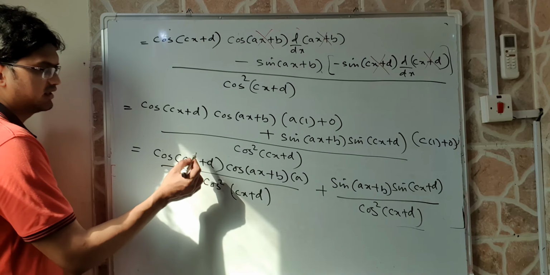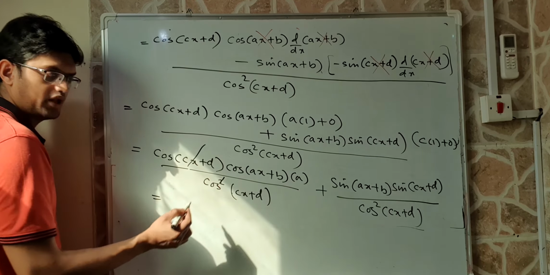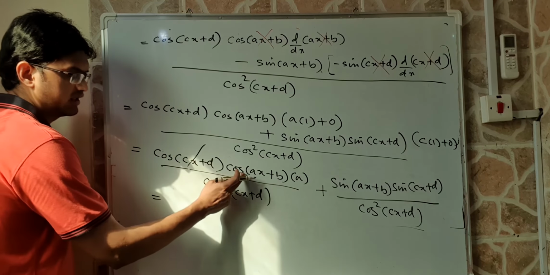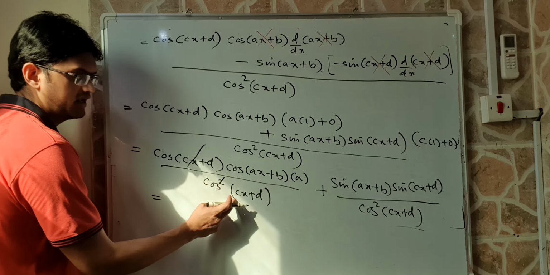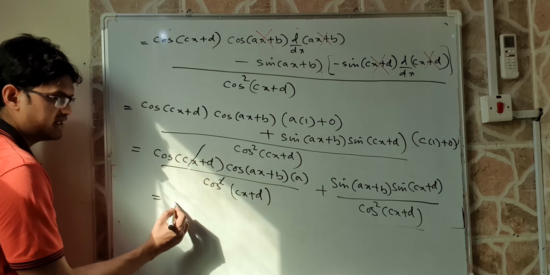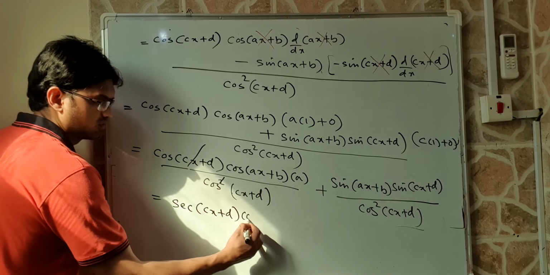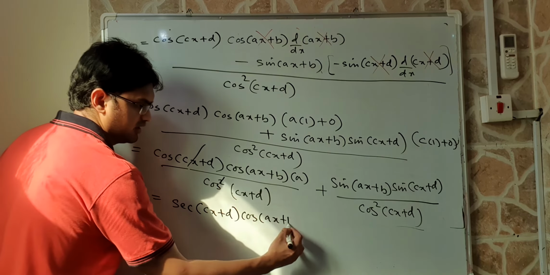So what will you get? You will get cos square of cx plus d and cos will get cancelled. You will get cos of ax plus b by 1. What is 1 by cos? Secant. So can I write secant of cx plus d into cos of ax plus b?